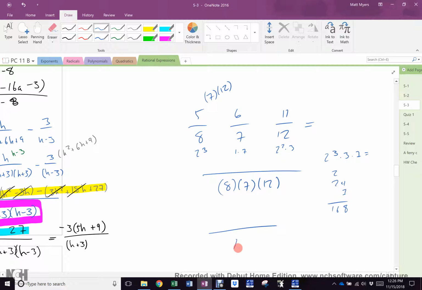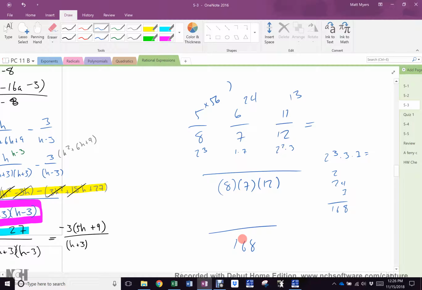You could do everything over 168, which would mean that 5 would have to be multiplied by 56, this would have to be multiplied by 24, and this would have to be multiplied by 13, right? And then you would get 168.